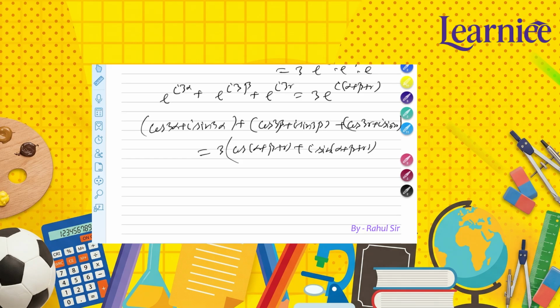Now comparing the real and imaginary parts. What is the real part? The real part on the left hand side is cos 3 alpha plus cos 3 beta plus cos 3 gamma, and the right hand side is nothing but 3 times cos of alpha plus beta plus gamma.